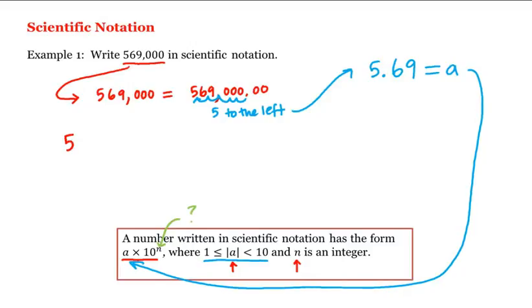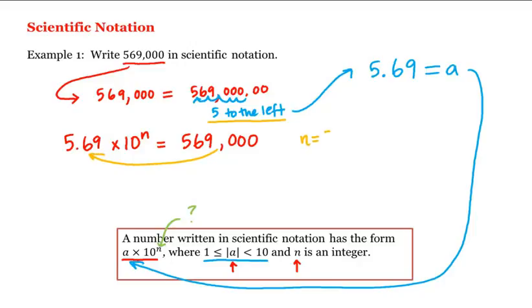We need to find an integer n such that 5.69 times 10 to the nth power is equal to this 569,000. Well, since we moved the decimal point 5 units to the left to go from here to here, going in the other direction, we'd have to multiply by 10 to the 5th, or n is equal to 5. That is, 5.69 times 10 to the 5th is equal to 569,000.